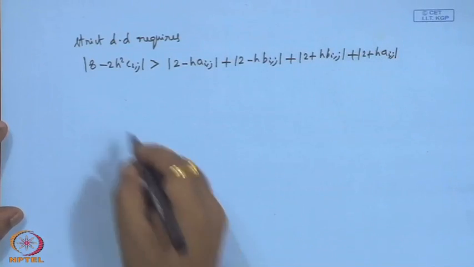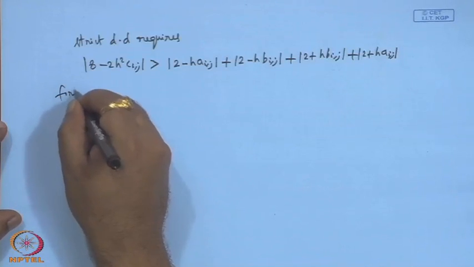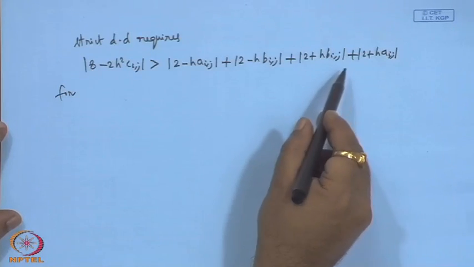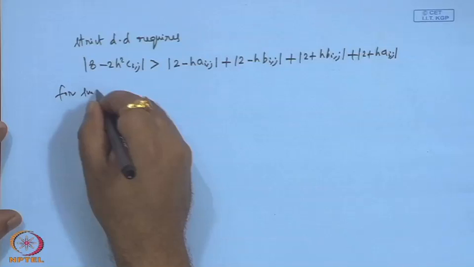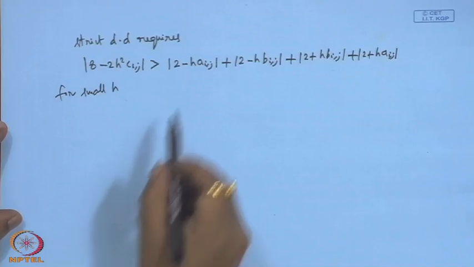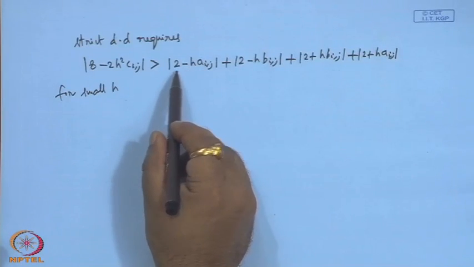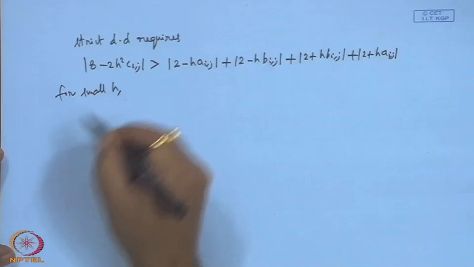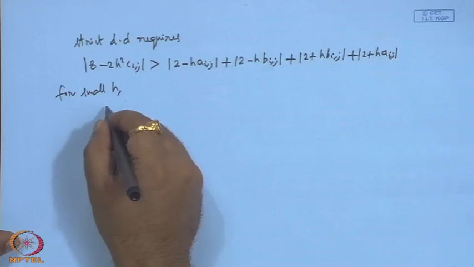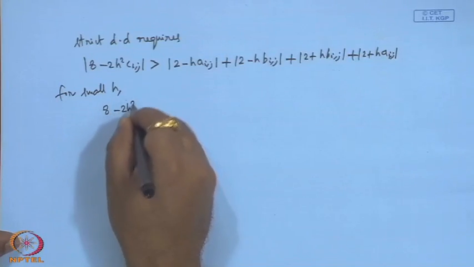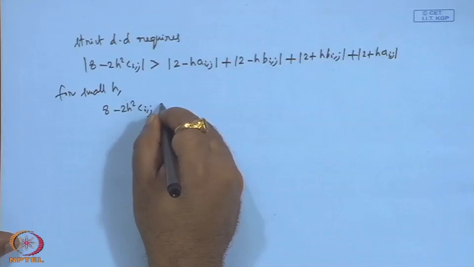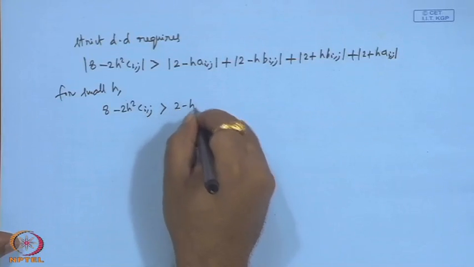Okay. So, now a general case will be slightly difficult, but for small h, assuming this is not shooting up. Okay. So, the condition is a minus 2 h square c I j is greater than.